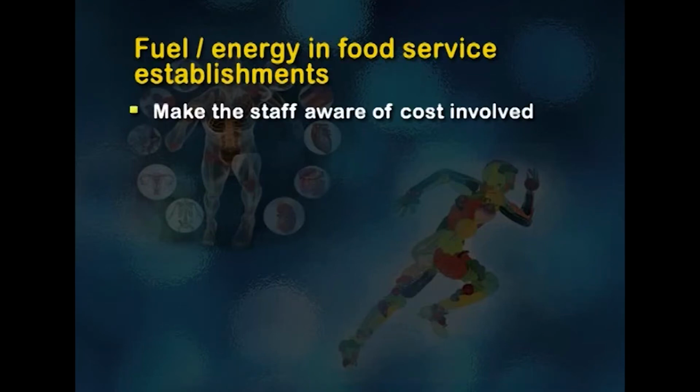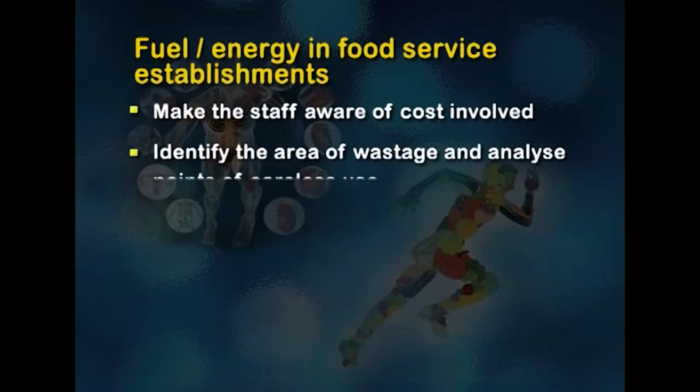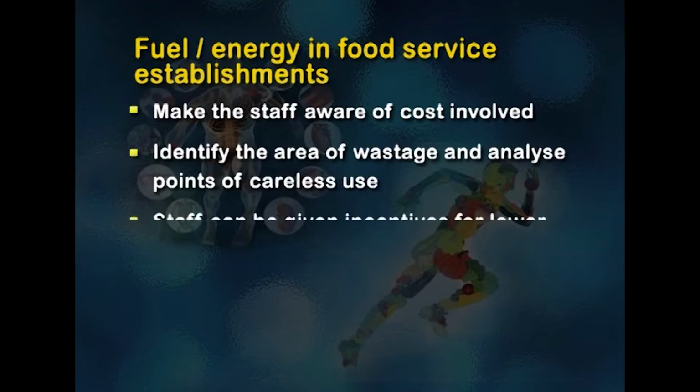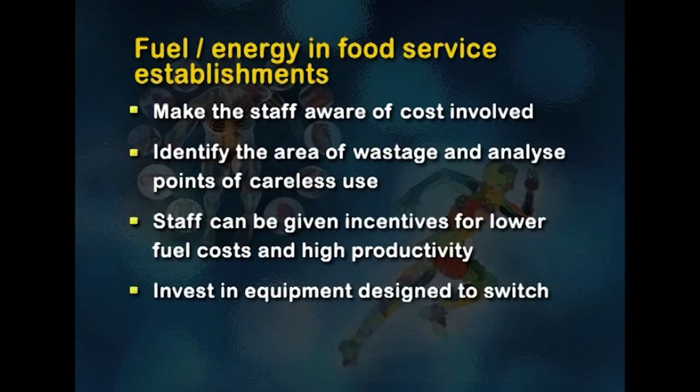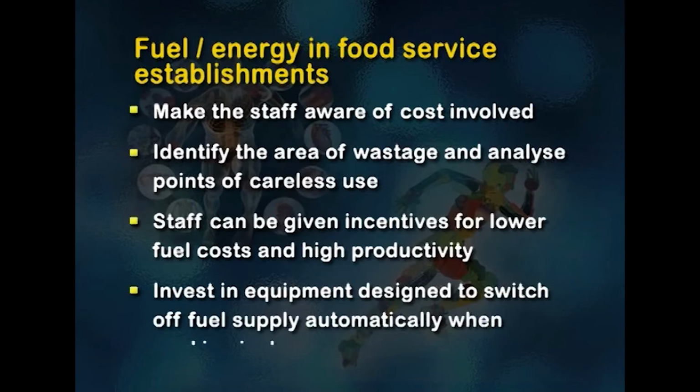Management of fuel energy in food service establishments is done as follows. Make the staff aware of cost involved. Identify the area of wastage and analyze points of careless use. Staff can be given incentives for lower fuel costs and high productivity. Invest in equipment designed to switch off fuel supply automatically when cooking is done.